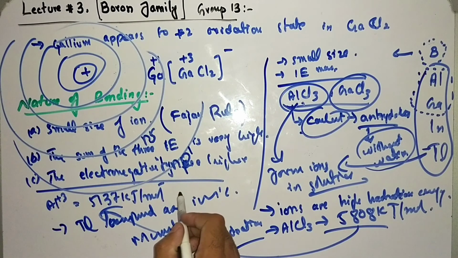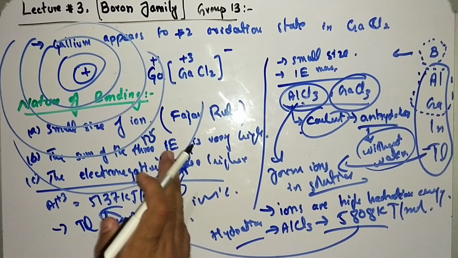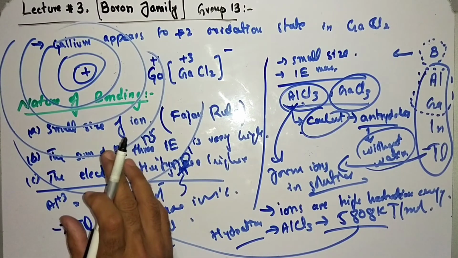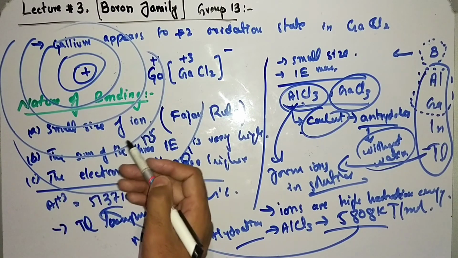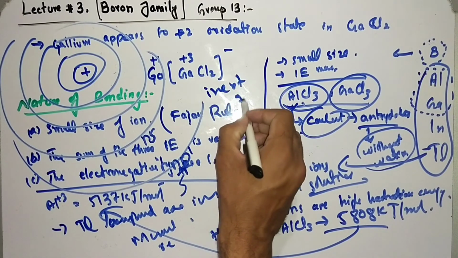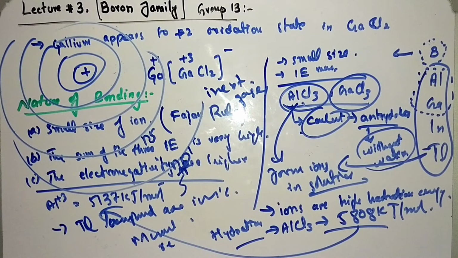Even when you remove this electron, it doesn't affect that thallium will be ionized, because it will show behavior like the inert gases, like the noble gases, so its electronic configuration will become inert. That's why it shows covalency. This behavior is due to the inert pair effect. I hope my point is clear.